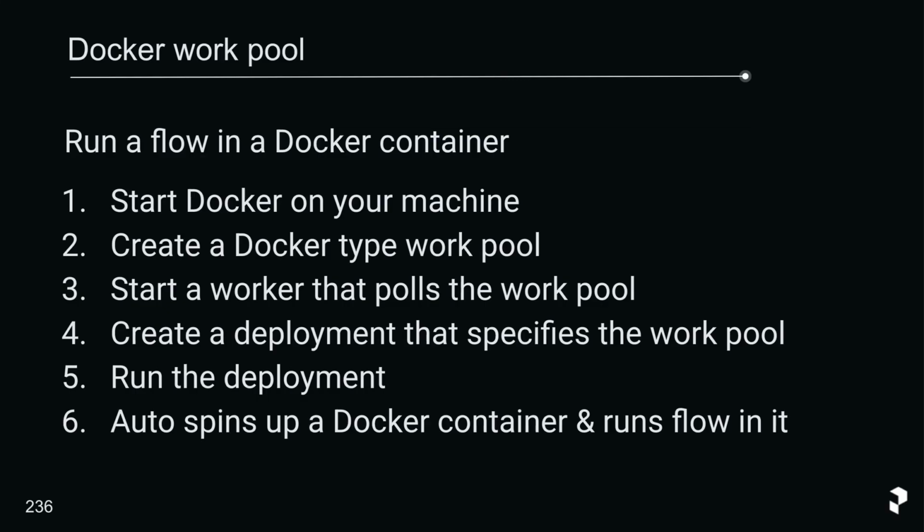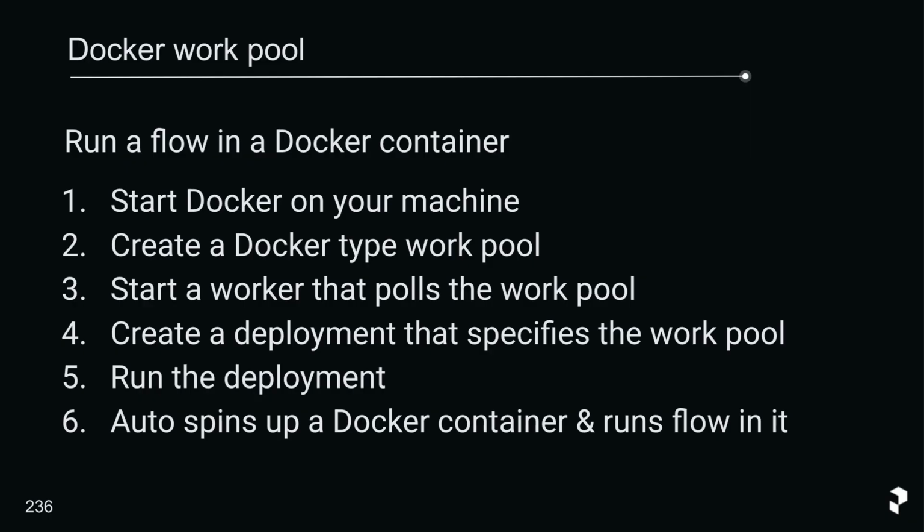So if you want to use a Docker work pool to run your flows in Docker containers, first you're going to want to make sure that you have Docker installed on your machine. So we're just going to be testing things out locally, or if you want to give this a spin, I'd recommend getting started locally if you can. So make sure you have Docker started on your machine.